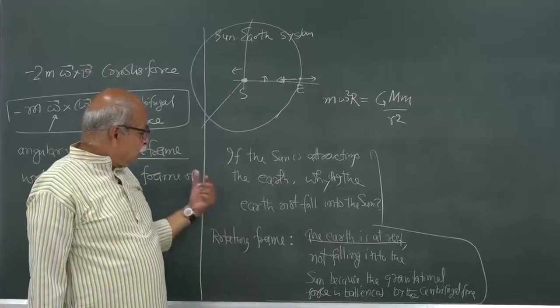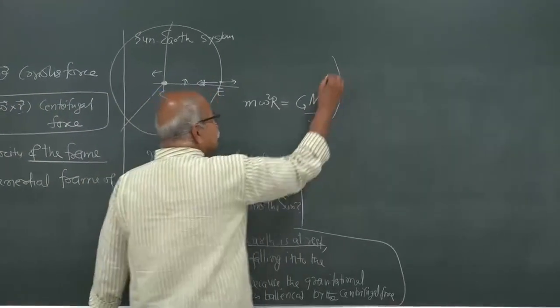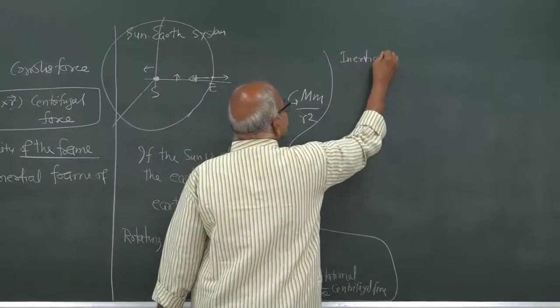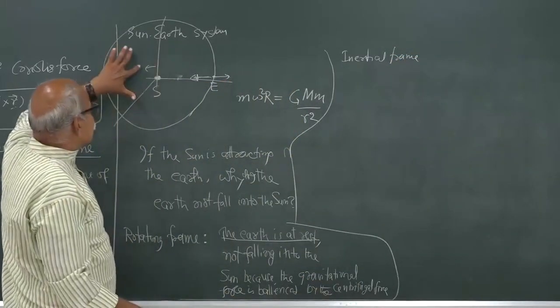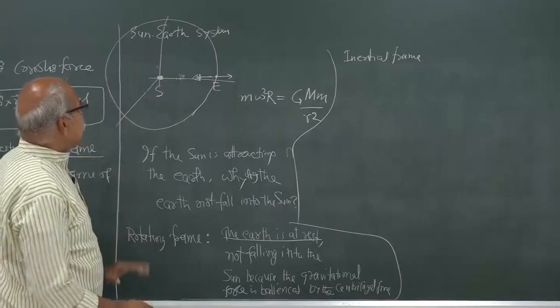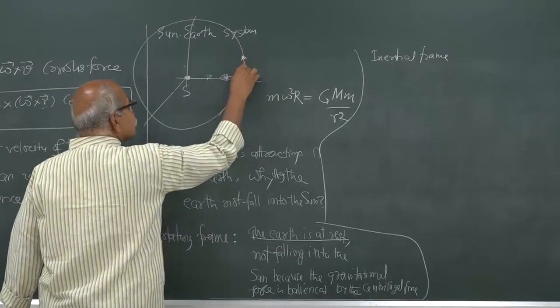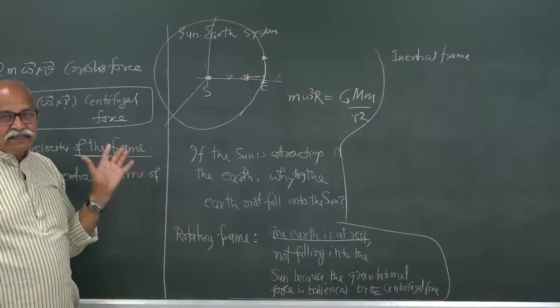But if you want to use this earth frame or inertial frame, same origin, but now the axes are not rotating. So, in this frame the earth is going in a circle, it is not falling, and there your explanation is different.